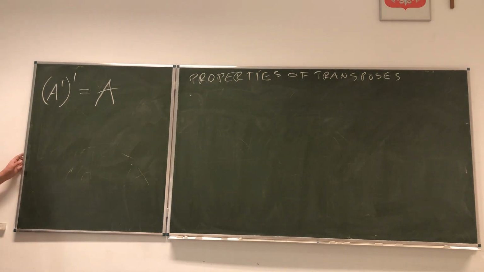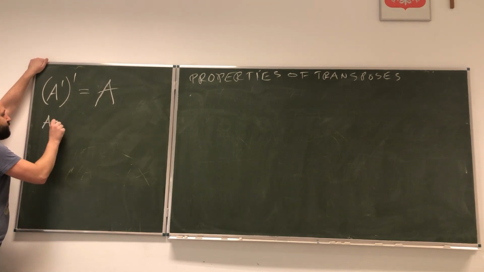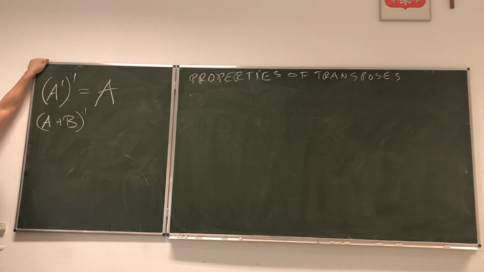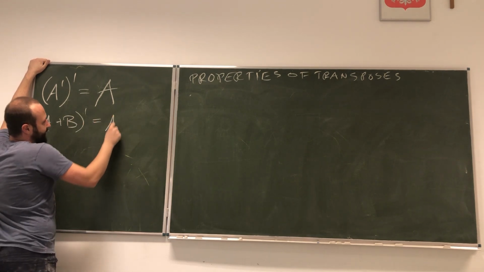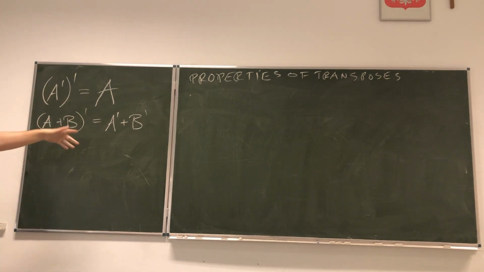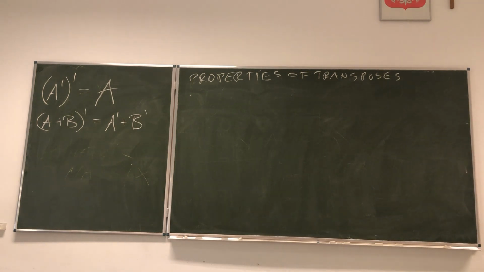Then the second property is that the transpose of A plus B is the same as A transpose plus B transpose. Once we do an example, it becomes pretty self-explanatory.